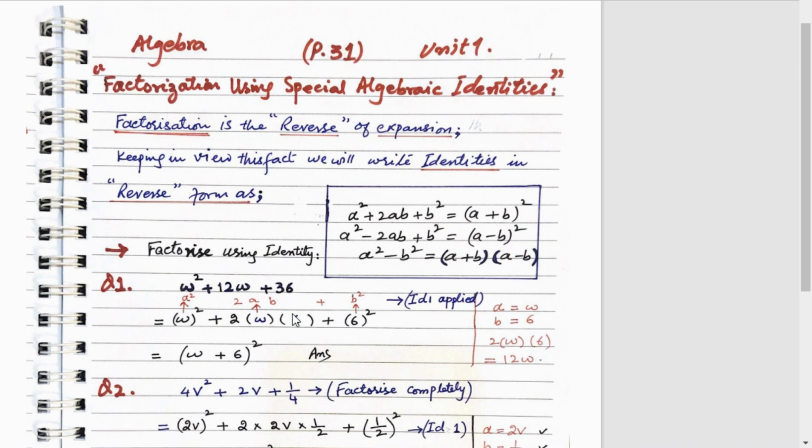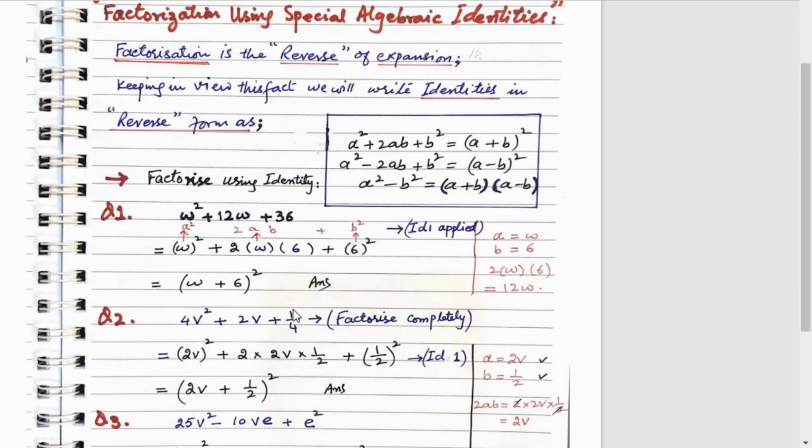Now guys, there's one thing which is very important. Here I am doing question number 1, and questions 2 and 3 are for you. These are specimen questions and are given in the same form as the identity. But in exams, they will be given in mixed form. You have to be very careful while attempting your paper.